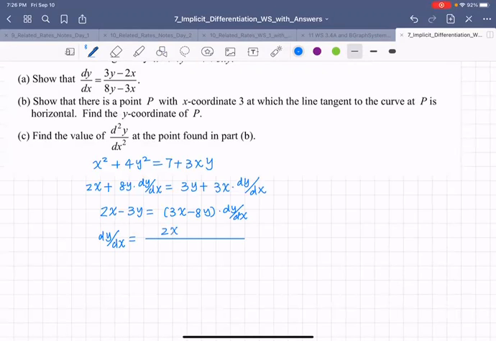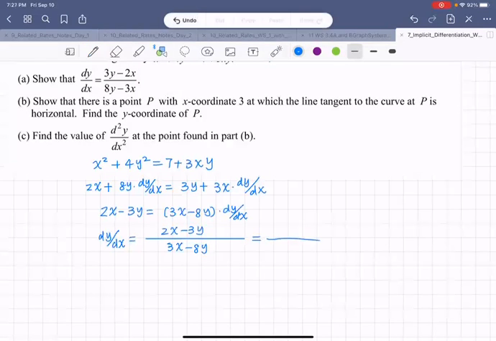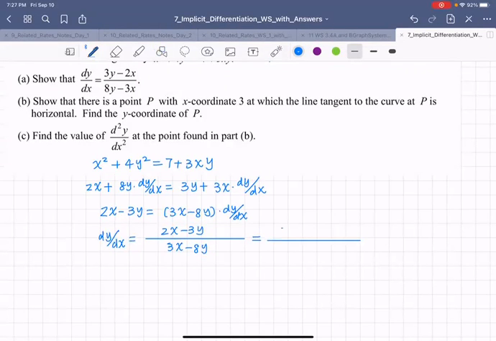Students, even though this is the same as this, you still want to rewrite one more step, because some teachers are mean, so they take off your points even though it's the same. So that's for the A part.